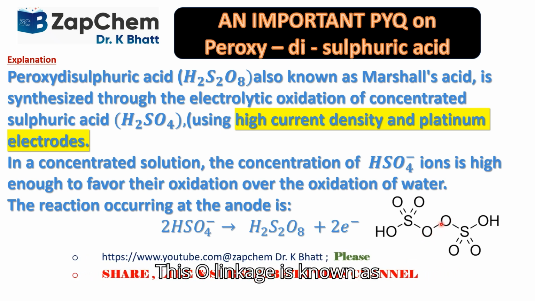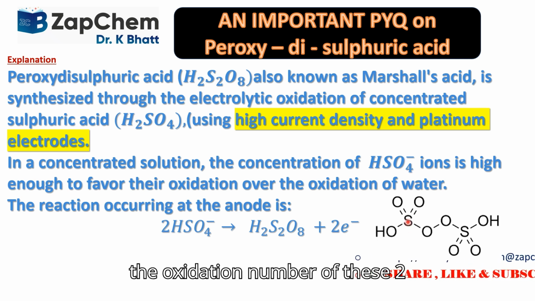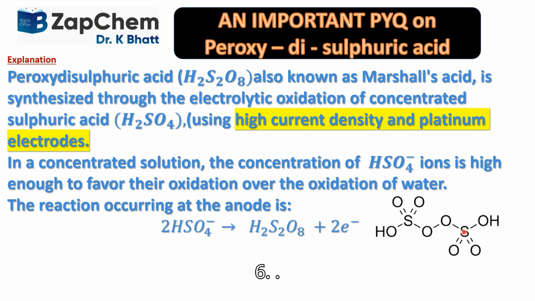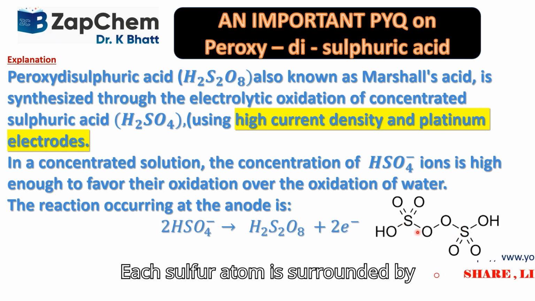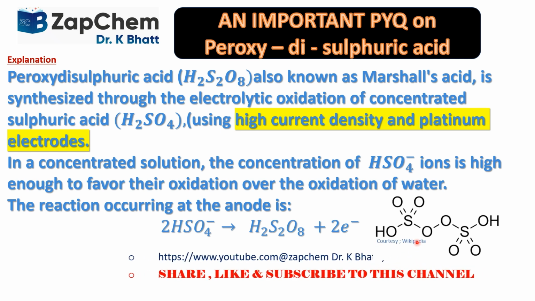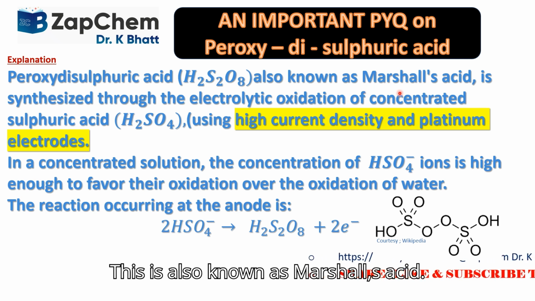This O-O linkage is known as peroxide linkage, and when we calculate the oxidation number of these two sulfur atoms, it stands as +6. And here, each sulfur atom is surrounded by 4 oxygen atoms, and that is typical about peroxy disulfuric acid, which is also known as Marshall's acid.